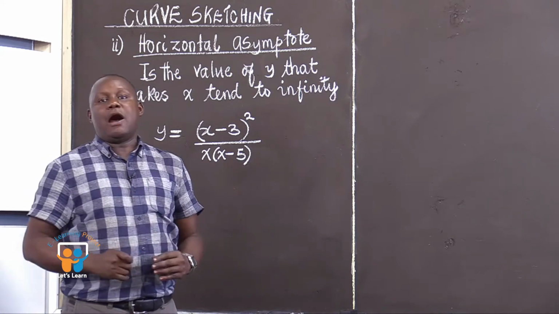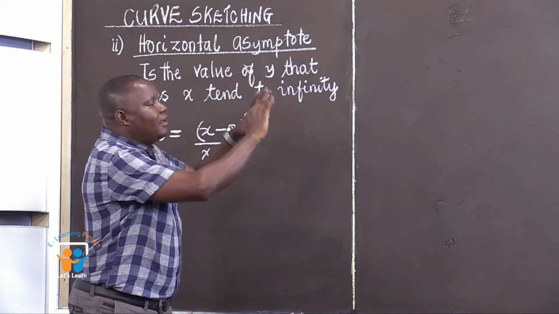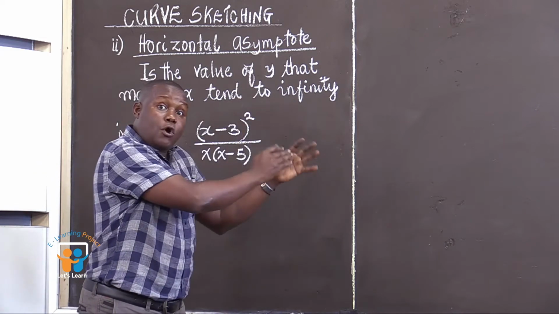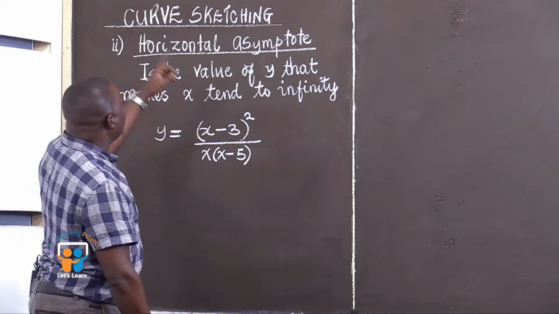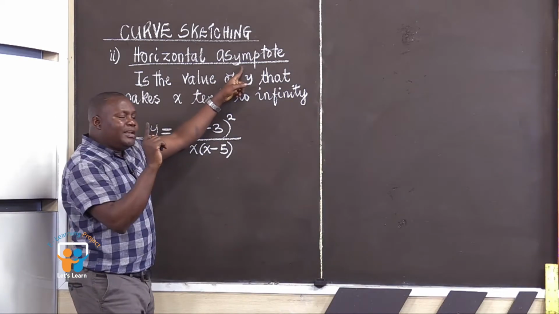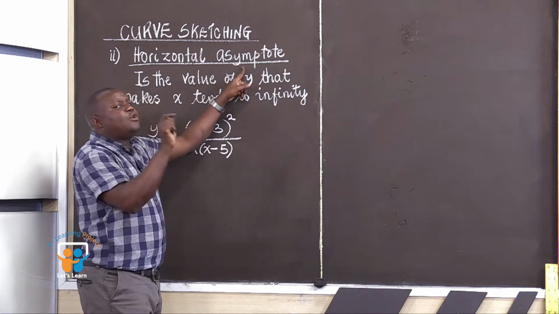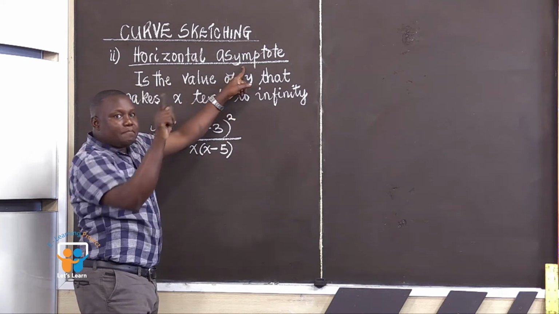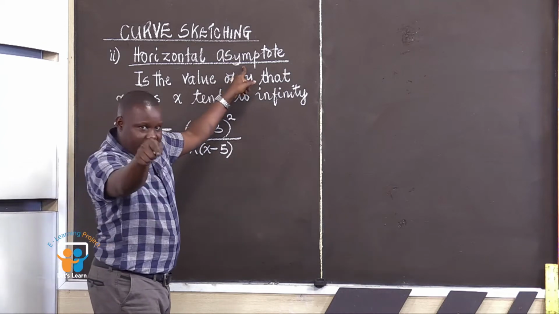Let us move on now. Remember, we ended with determining the vertical asymptotes, and I told you that when we come back, we're going to handle the horizontal asymptotes. If you remember, when we defined the vertical asymptote, we said that it is the value of x that makes y tend to positive or negative infinity.